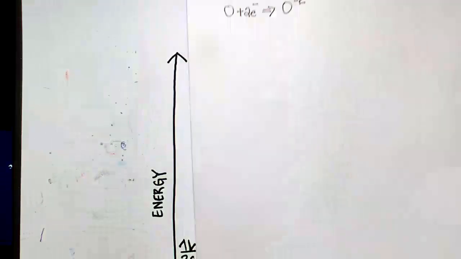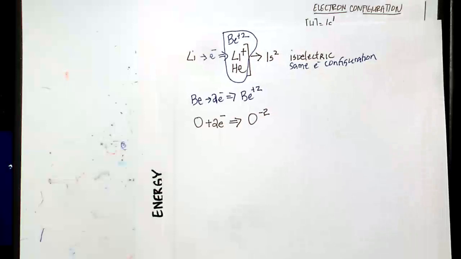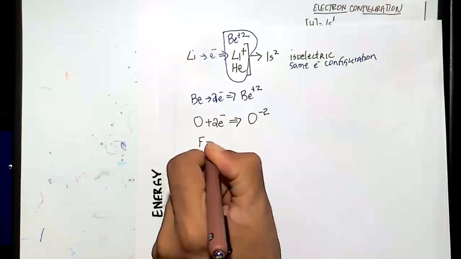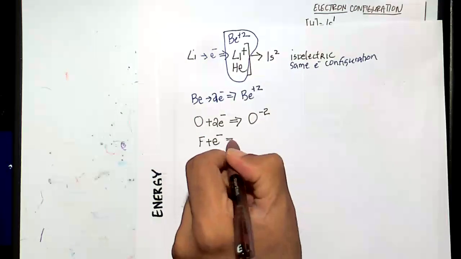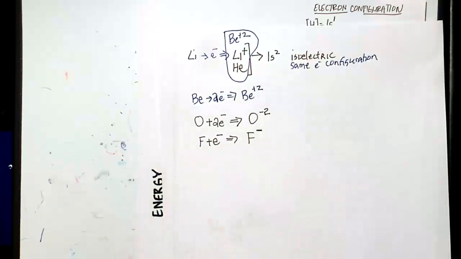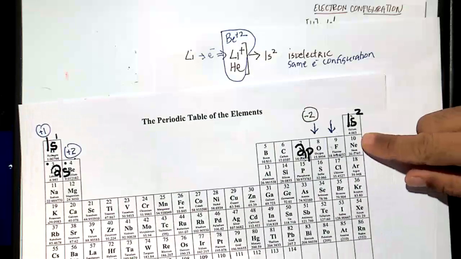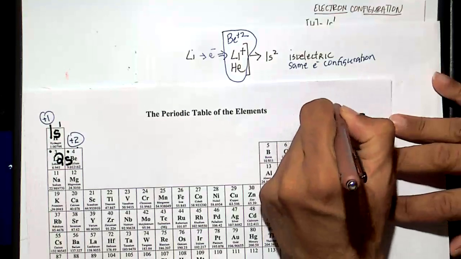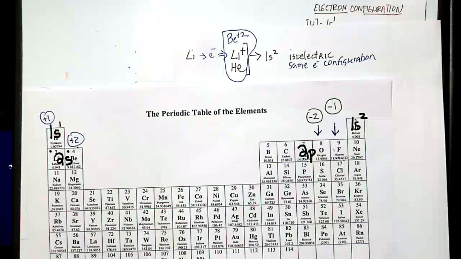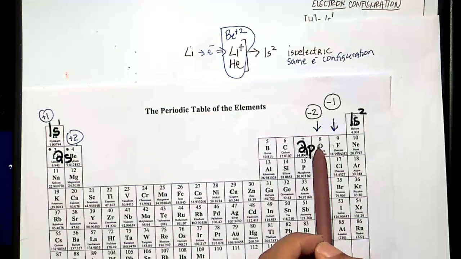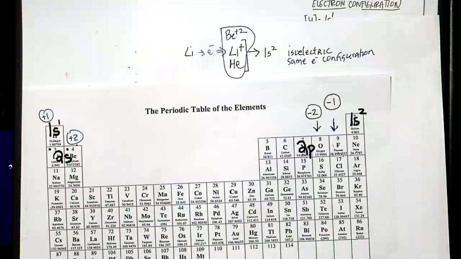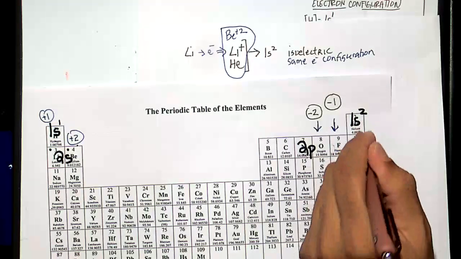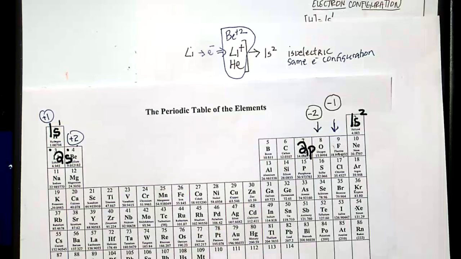Not gain 2, but gain 1. Very good. It becomes like a noble gas. If fluorine gains an electron, it will have 10 electrons, and it will be noble. So that's why these guys, the halogens, like to be -1. And these guys like to be -2 because this is how they attain nobility. When I say nobility, they'll have the same electron configuration as a noble gas.